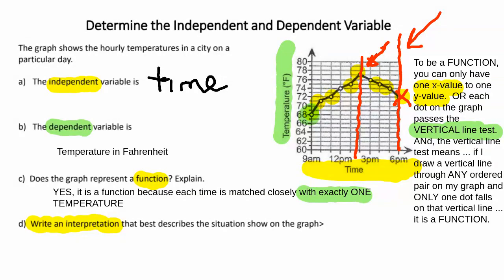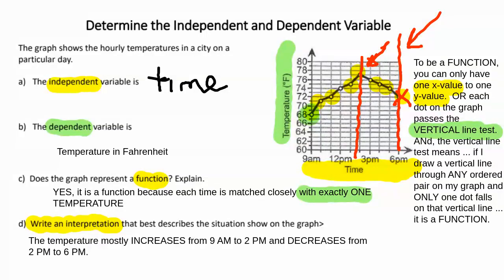The temperature mostly increases from 9 a.m. to 2 p.m. and decreases from 2 p.m. to 6 p.m.